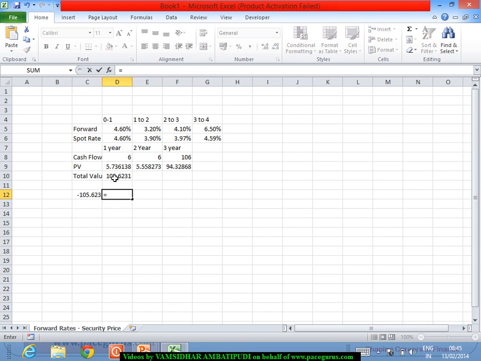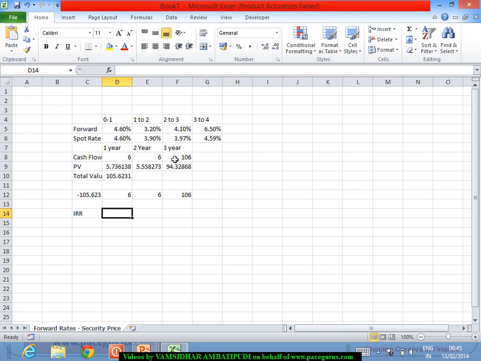At the end of 1 year, I'm going to get 6. At the end of 2 years, I'm going to get 6. And at the end of 3 years, I'm going to get 106. So based on this, I can find out the IRR. That is the gross redemption yield.